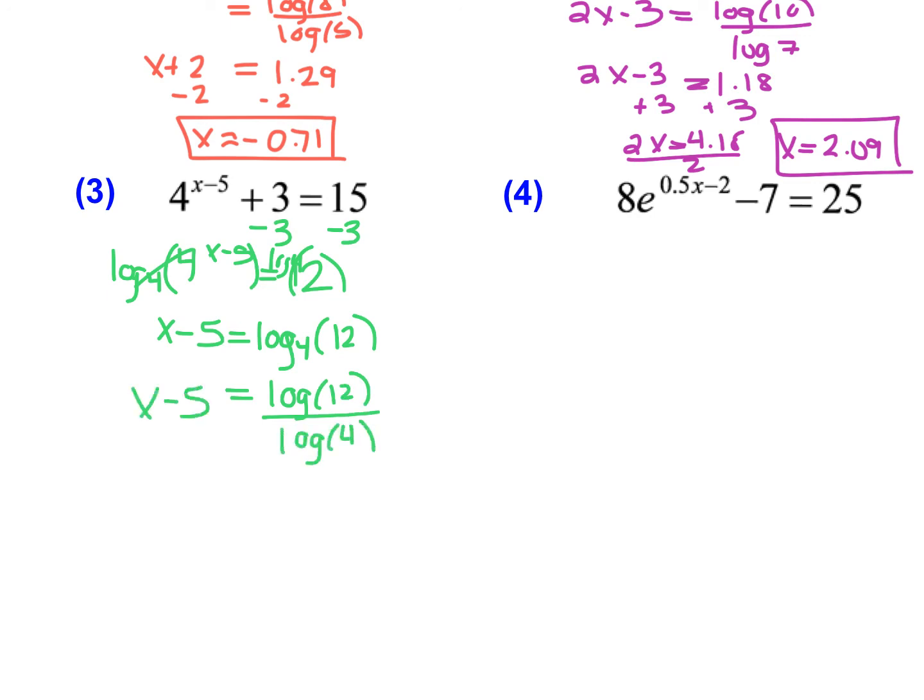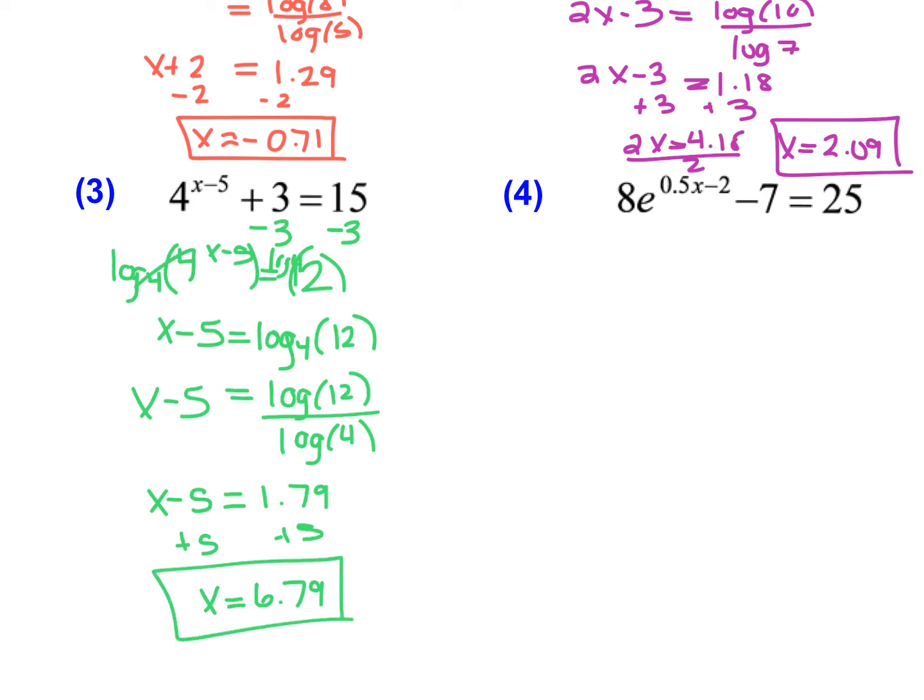If we take log 12 over log 4, we find that we approximately have, let's see, x minus 5 is equal to 1.79. We then add 5 to each side, so we end up with x is about 6.79.